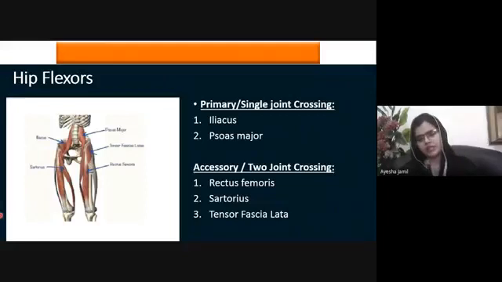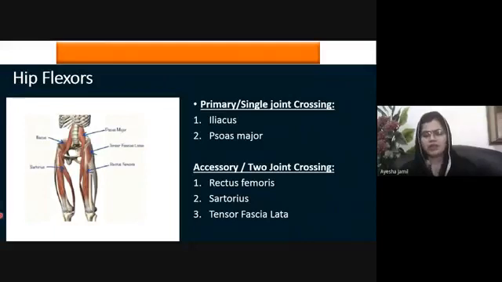Whereas the accessory muscles at the hip joint causing flexion include three muscles. The first one is the rectus femoris, which is a part of quadriceps. The second is the sartorius, which is a lateral muscle that crosses anteriorly and is attached medially on the tibia.